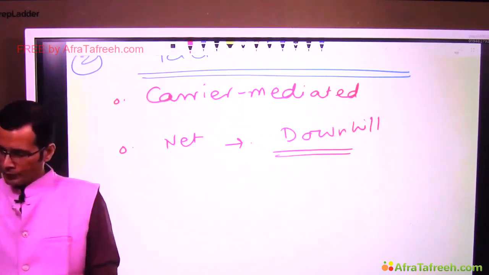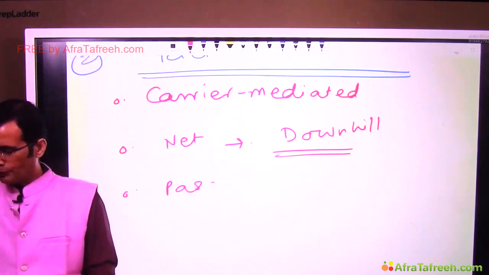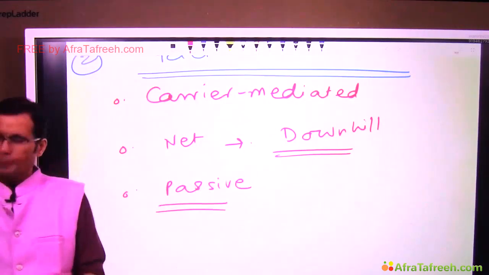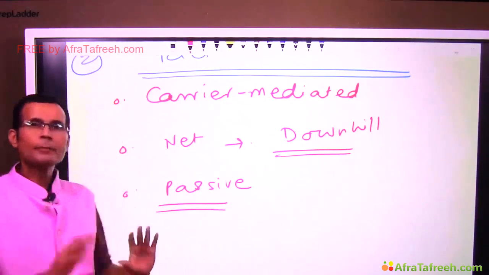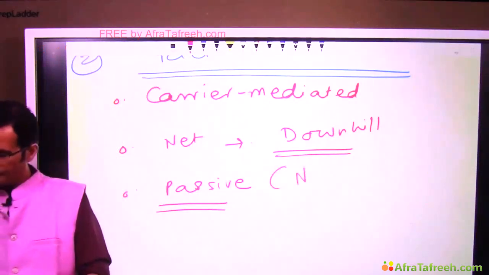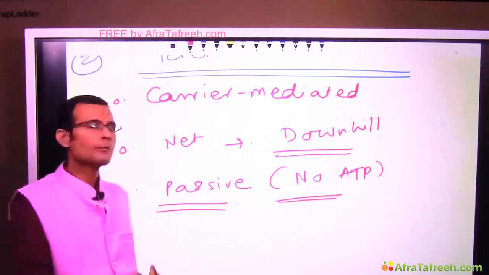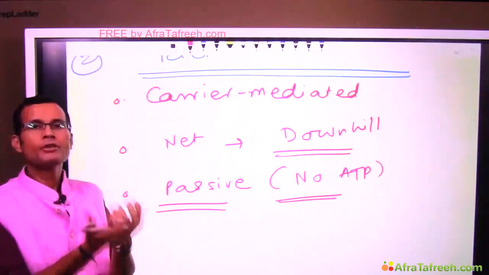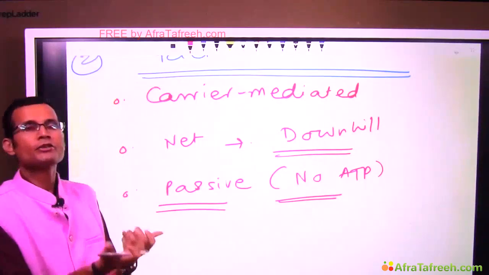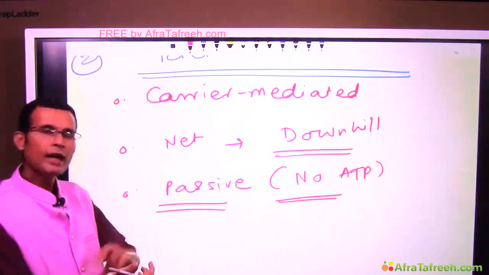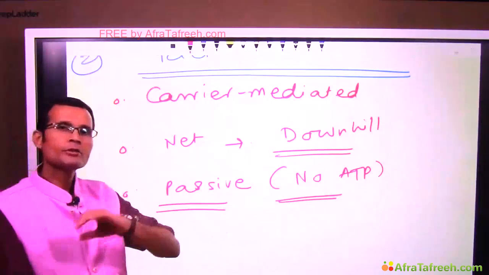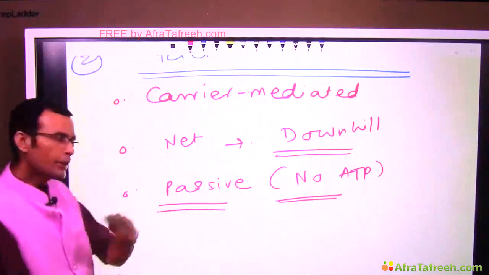And it's a passive transport. Passive transport, that means no ATP needed. So how does the transport occur? There will be a conformational change in the carrier, and that will cause the substance to move from one side of the membrane to the other side.